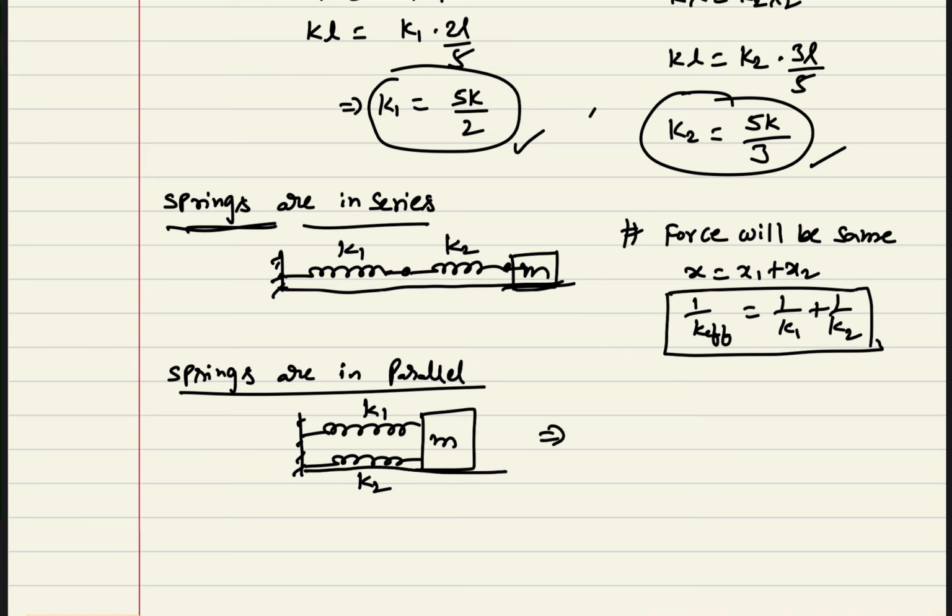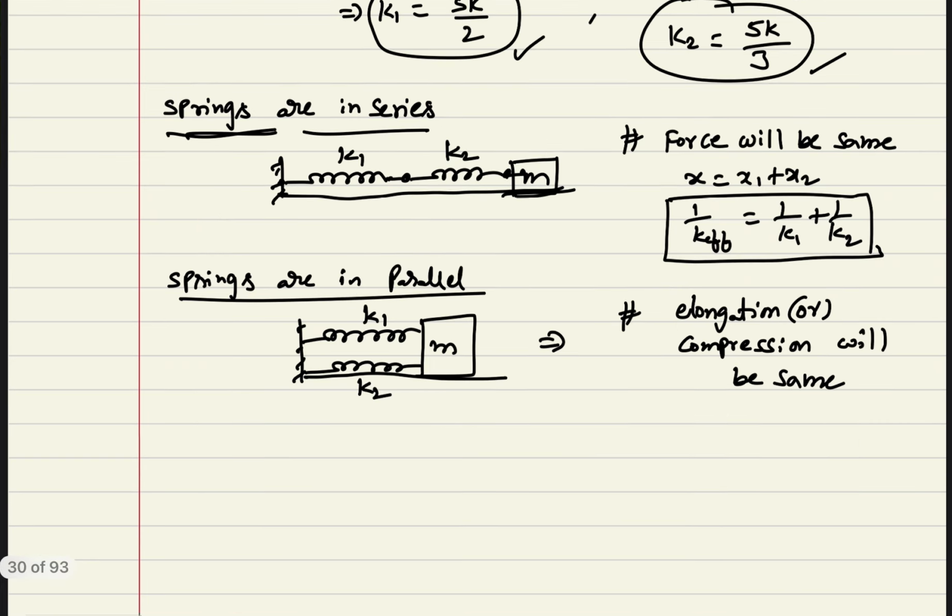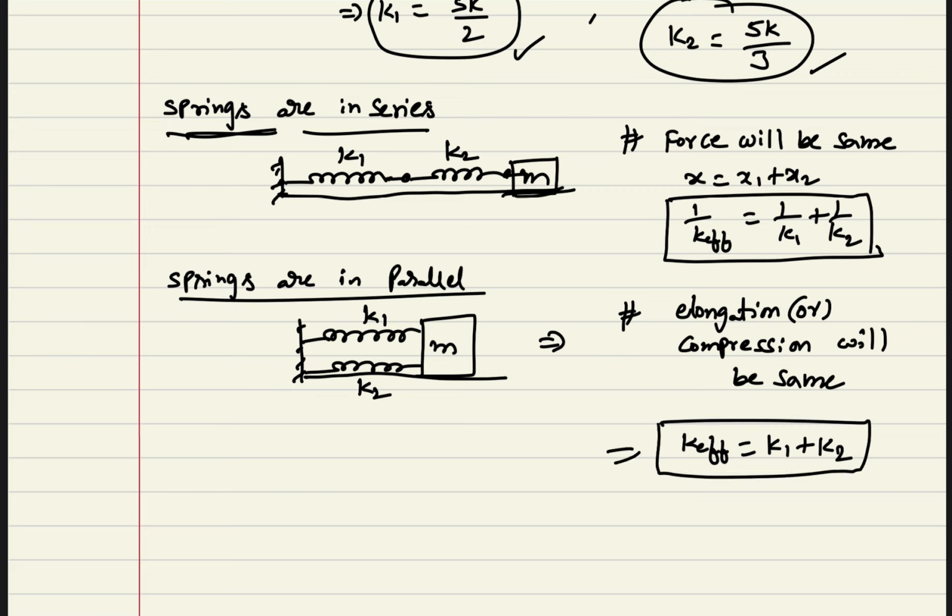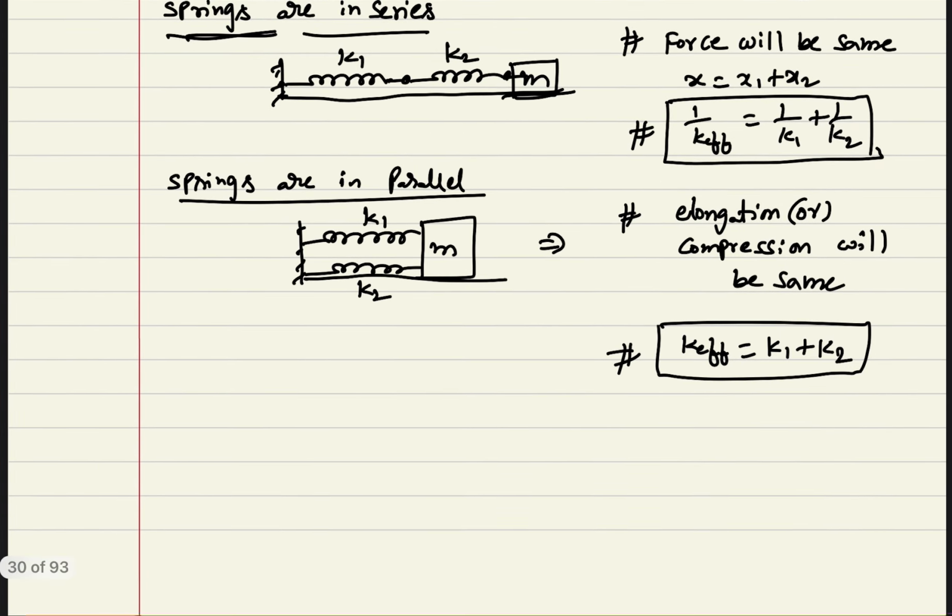The elongation or compression is the same. In this case, we can write K effective as K1 plus K2. This is K effective in the case of the parallel connection.